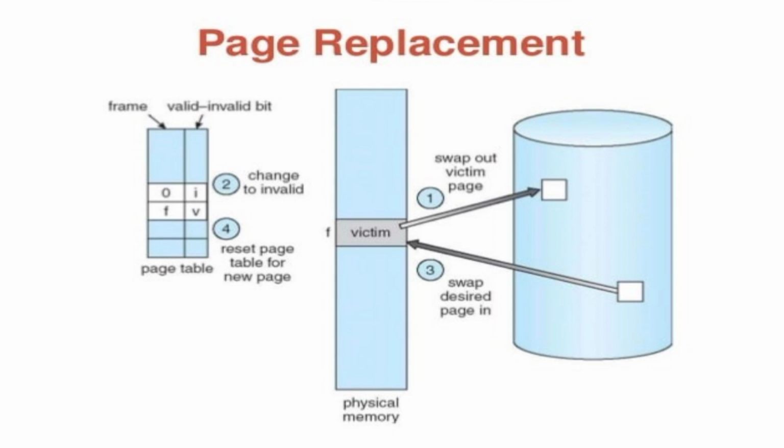The same page may be brought into memory several times over the life of a process. Use a dirty bit to reduce the overhead of page transfers. Only modified pages need to be written to disk. Unmodified pages can be discarded.